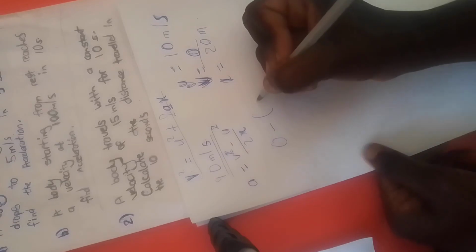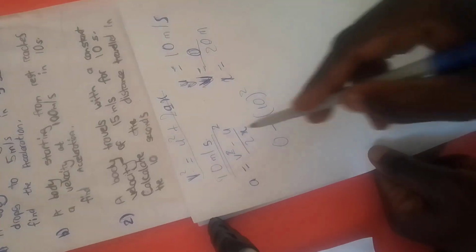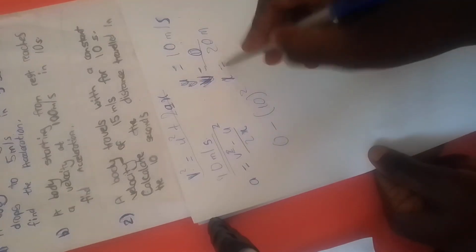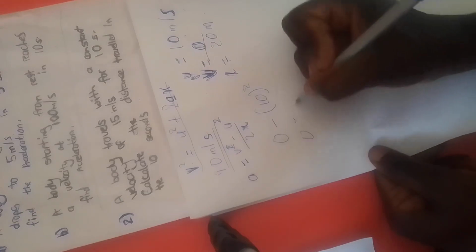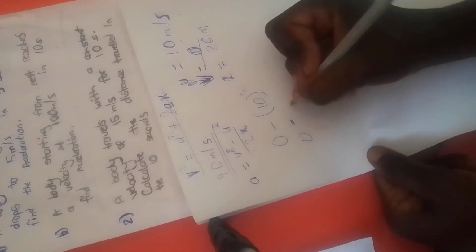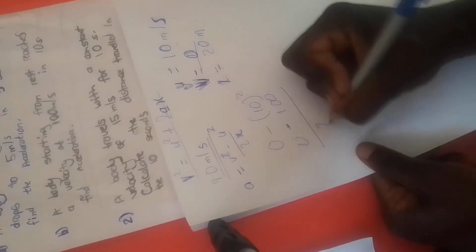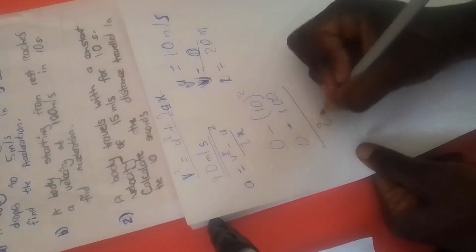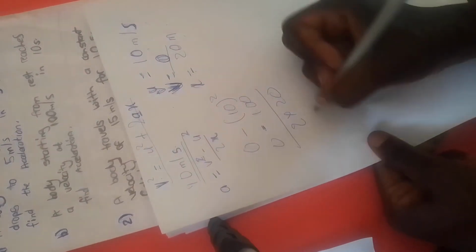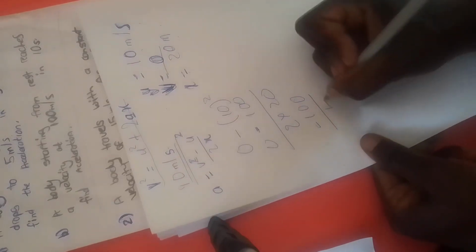Minus u squared, u is equal to 10, so 10 squared is equal to 100. So we have 0 minus 100 over 2 times x, x is equal to 20, so it's 2 times 20. So we are seeing that 0 minus 100 is going to be negative 100 over 2 times 20, which is 40.